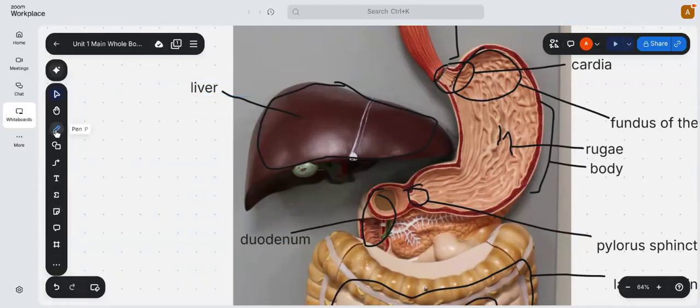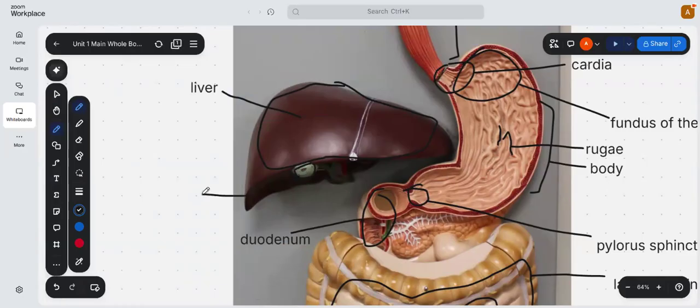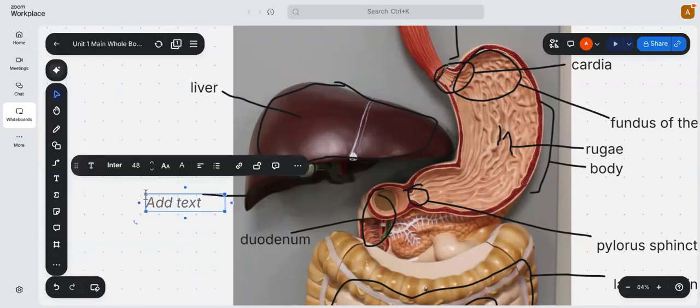Then you have your gallbladder, which is this green circle over here. If you were to take this model and flip it upside down, you would be able to see more of the gallbladder. But the gallbladder is always green, both on the models and also in your own body.